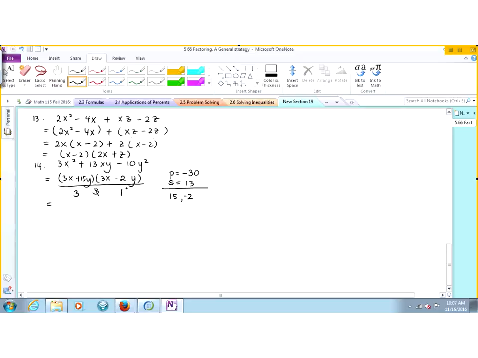We split it up so that this is 3 times 1. So 3x plus 15y divided by 3, what is that? x plus 5y. And then 3x minus 2y divided by 1, that is 3x minus 2y.